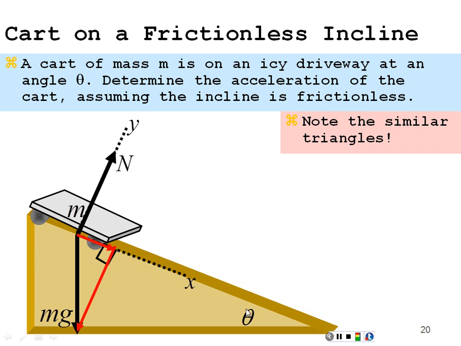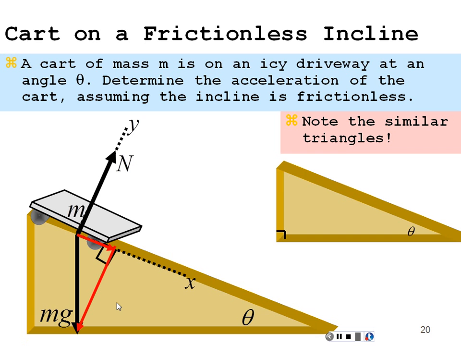So I have theta down here, 90 minus theta right here. Now if I look at the small triangle, the red triangle, it's a right triangle as well. It's a similar triangle actually. I have a 90 minus theta up here with a right angle, and that means this angle right here has to be theta, the same as theta as the incline itself.